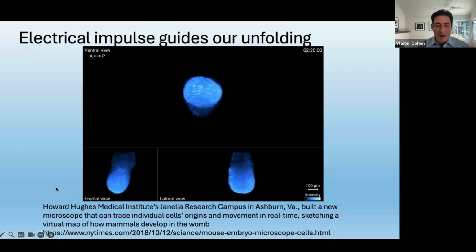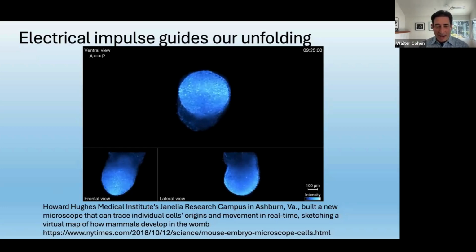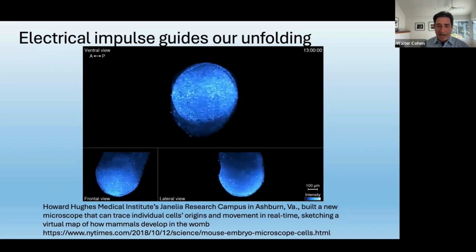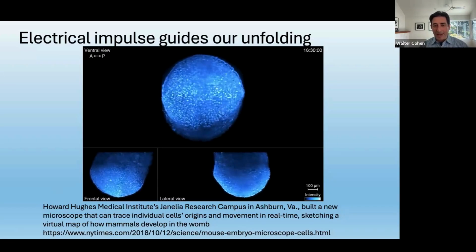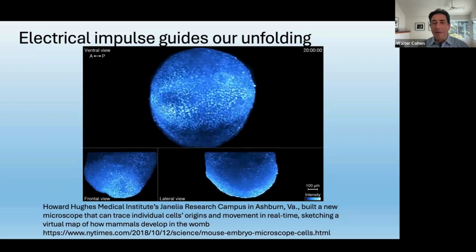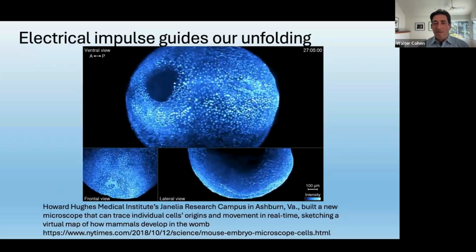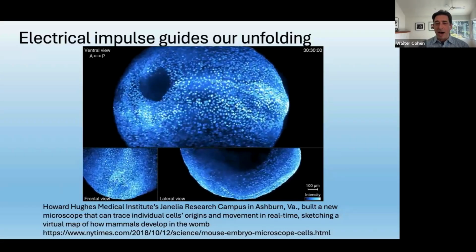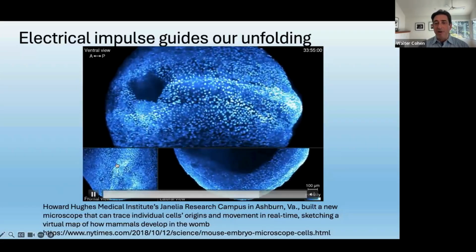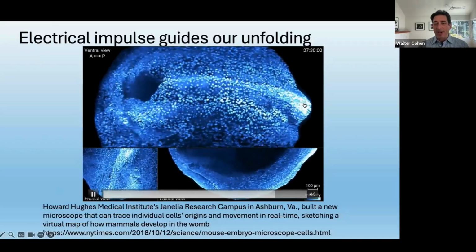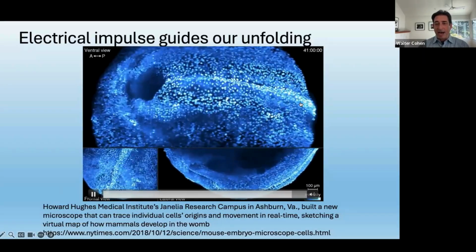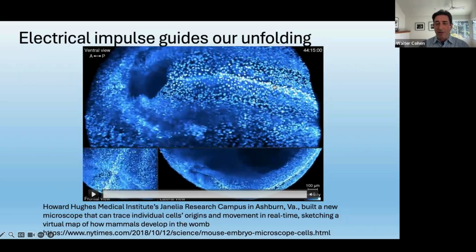And this is from Howard Hughes Medical Institute, and it came out in 2018. This is a real time recording of stem cells in the embryo forming into a mouse embryo. And the bright luminescence here is the brain and the central spinal nervous system.